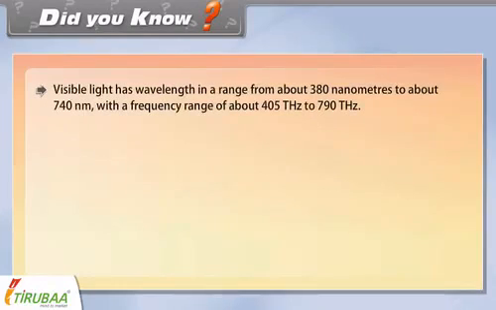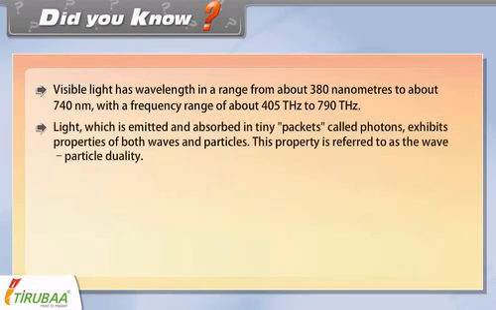Did you know? Visible light has wavelength in a range from about 380 nanometers to about 740 nanometers with a frequency range of about 405 terahertz to 790 terahertz. Light which is emitted and absorbed in tiny packets called photons exhibits properties of both waves and particles.